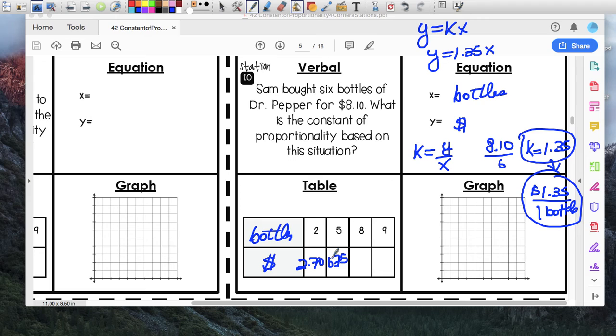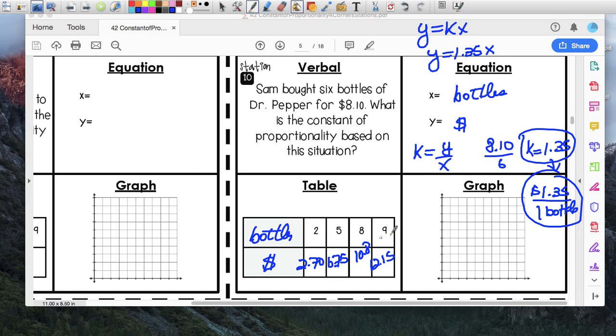If you buy 8 bottles, 1.35 times 8 is going to give us $10.80. And if you buy 9 bottles, 9 times 1.35 is going to be $12.15.